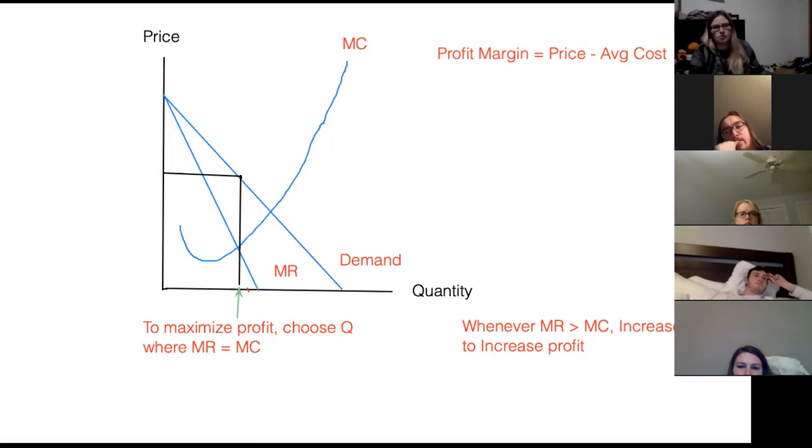What do average cost curves look like? Does anybody remember? Yes, you do. I'm convinced you do. What do average cost curves look like? They look like U shapes, right? Oh crud, I messed up. All right, that's okay.